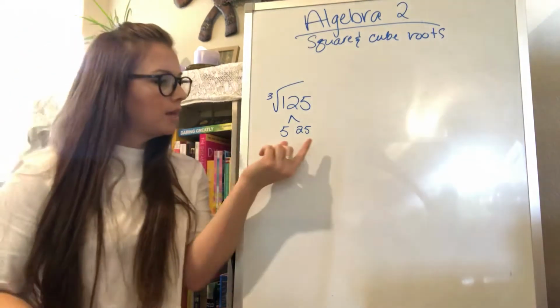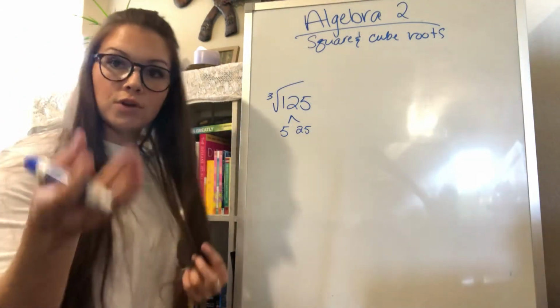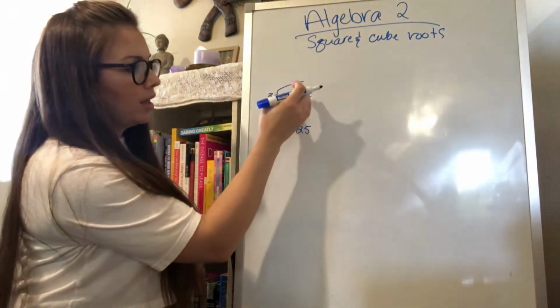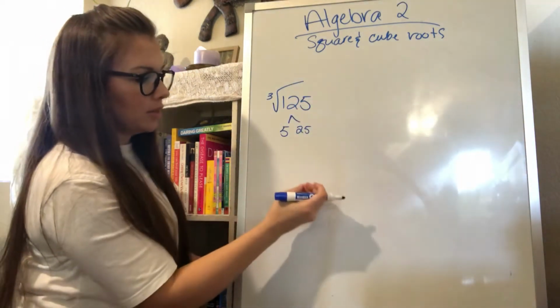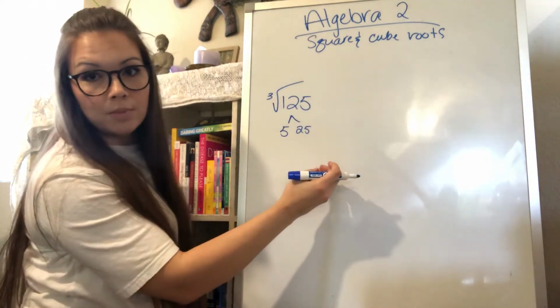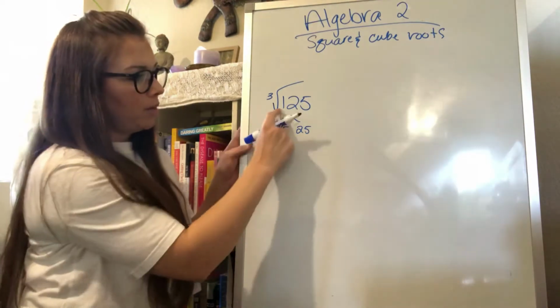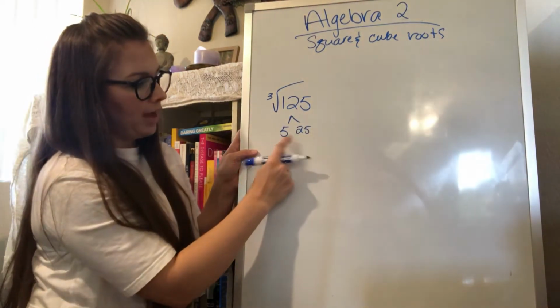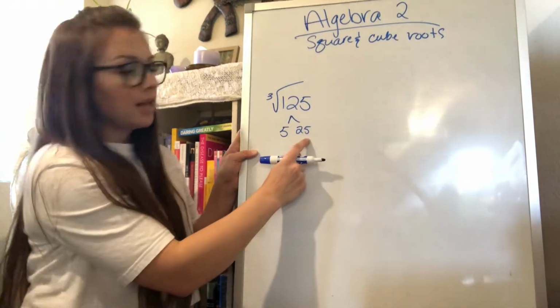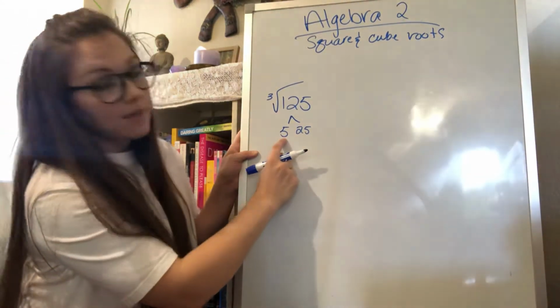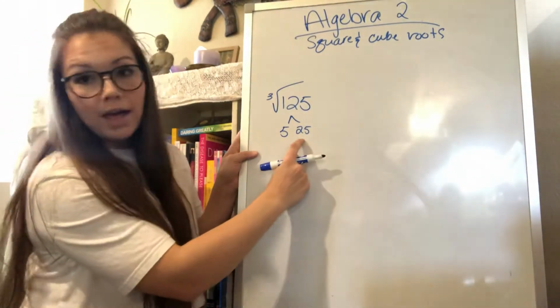Now a little review for you in case you forgot. With prime factorization, we keep factoring down the numbers until we have only prime numbers left at the bottom. So I broke 125 up into 5 and 25, two of its factors, and now 5 is prime, so I'm going to leave it alone. 25, not prime.